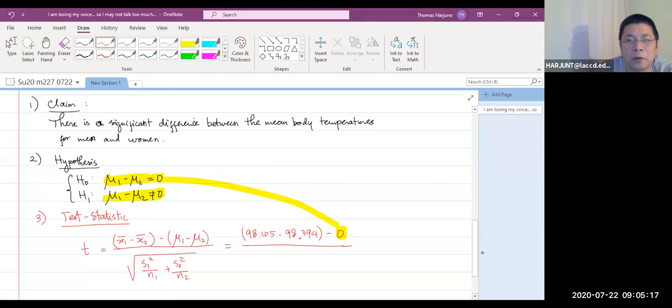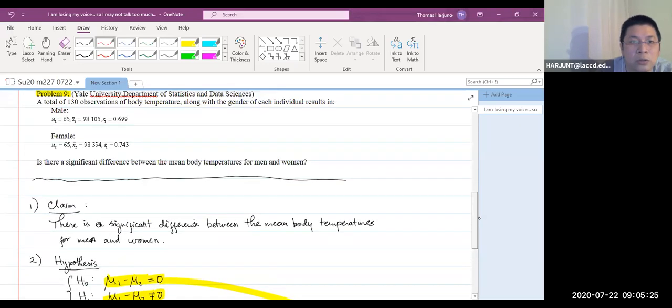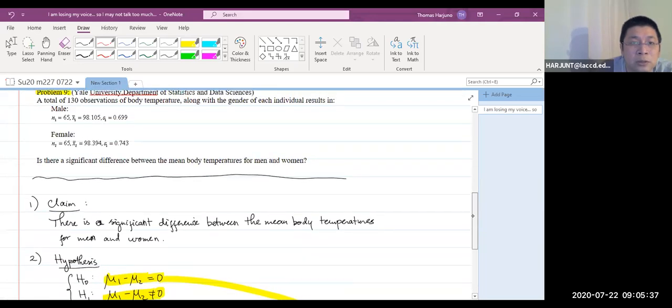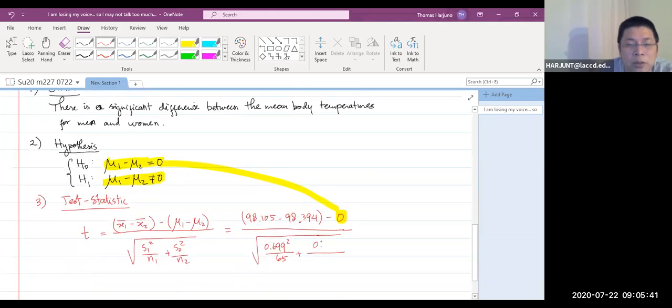Over square root of S1 squared, where is S1? 0.699. 0.699 squared over 65 plus 0.743. 0.743 squared over, happens to be 65 also.